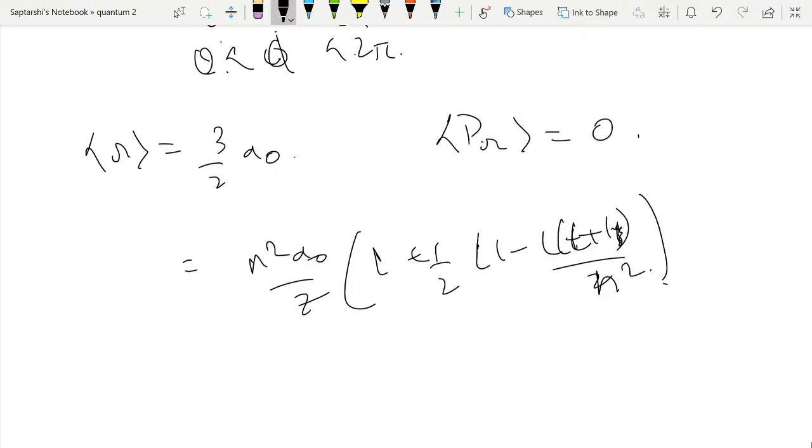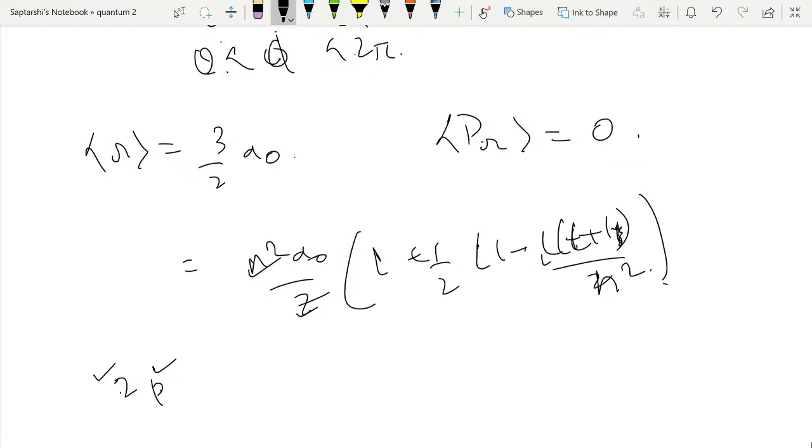I know it's a very big formula, tough to remember, but suppose you are given to find the average radial distance for 2p. For this n equals 2 and L equals 1, so just put n equals 2 and L equals 1 and you get the answer. For hydrogen Z equals 1, for helium Z equals 2, and similarly you can put it for whatever species they give.